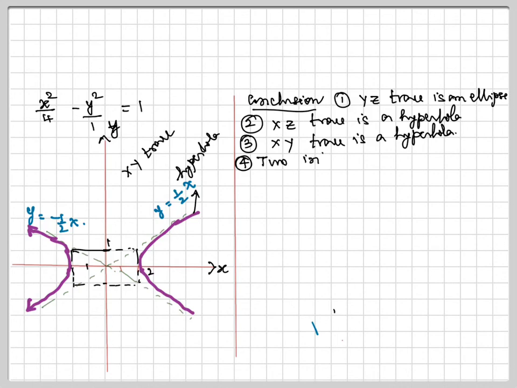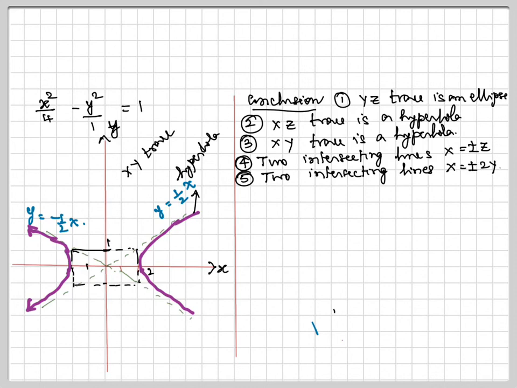And then two intersecting lines, which are x equal to plus or minus z on the xz plane, and we also saw another pair of intersecting lines when k was equal to 0, x equal to plus or minus 2y. These are two lines in the xy plane, and on top of that we proved that the origin is a point on the graph. And then you get ellipses on either side of the x-axis.